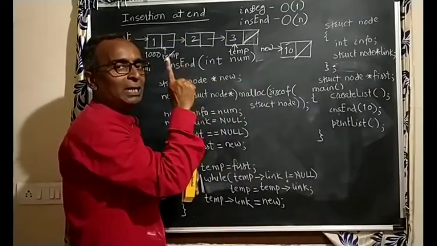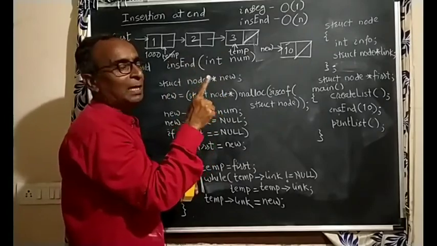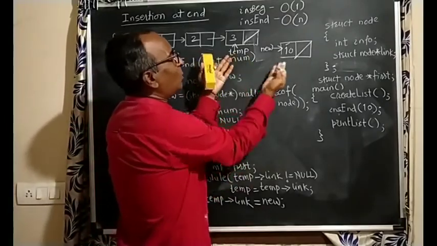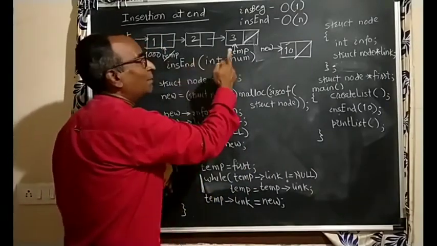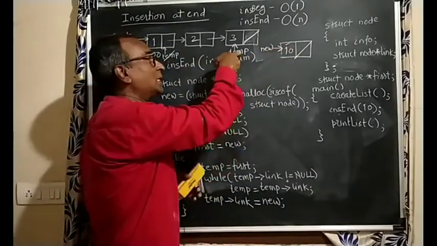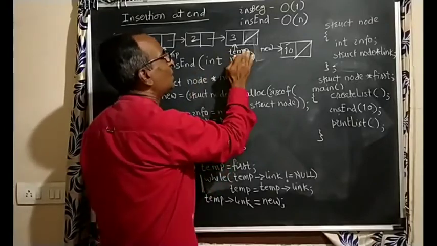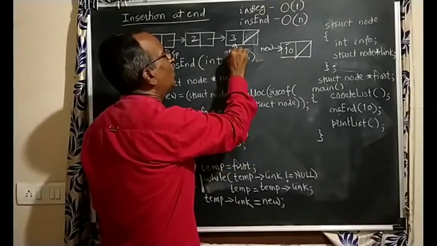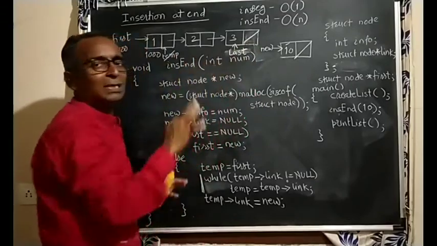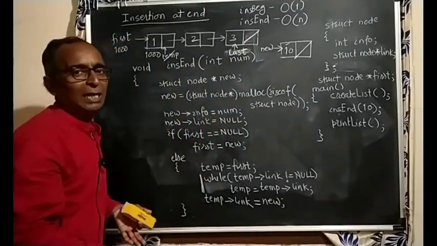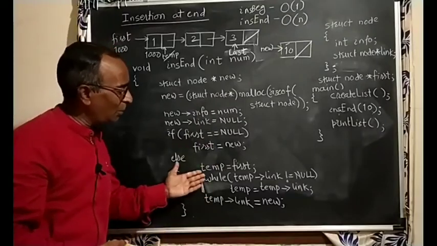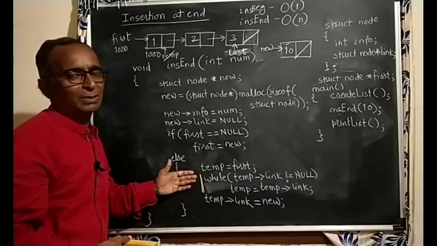If you maintain last node's address, then constant amount of time is required. There is no need of finding the last node, because you are maintaining last node's address in, suppose, a variable called last instead of temp. Now how will this insert at end be? It will not have all this finding last node's address.